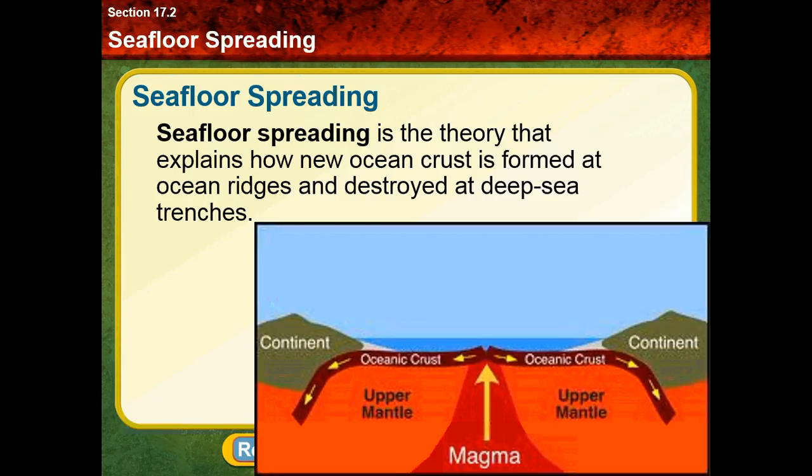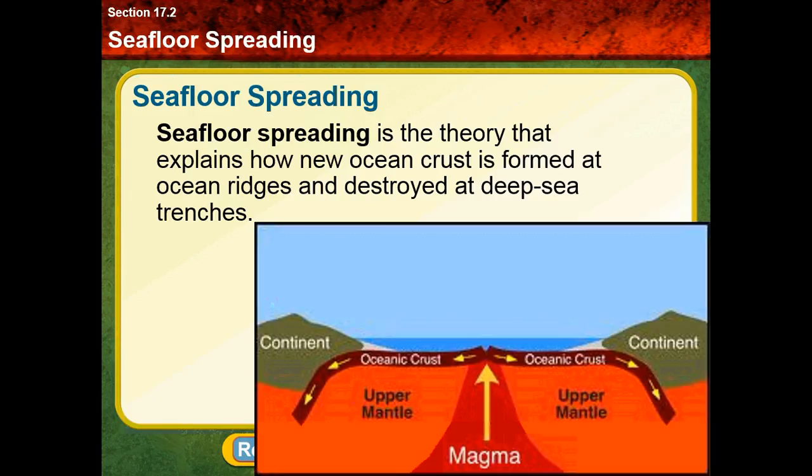So as that magma rises, it's going to run into the crust. And when it bangs into the crust, it makes it move and it separates it apart. And so that's why you've got these arrows pointing. So the magma is rising up, it runs into that crust and it forces it out to the side. And it makes a break. It makes a ridge.